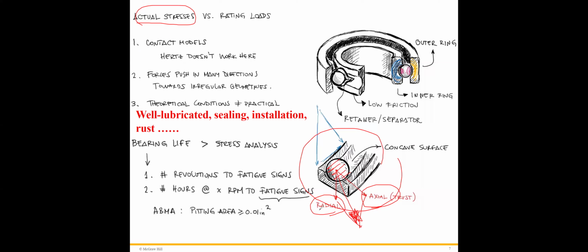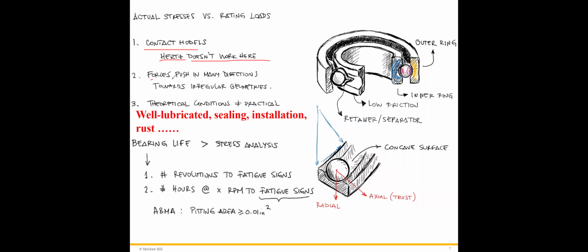However, it is not practical for a bearing. The Hertz contact model of the ball and the inner or outer ring doesn't work, and the forces push in many directions while it's rotating.